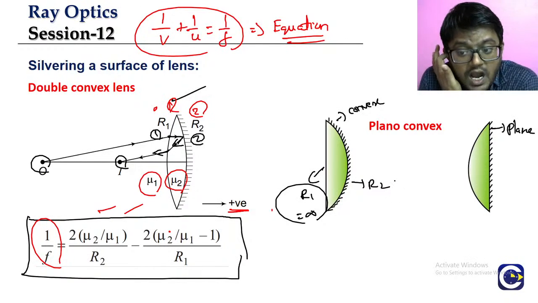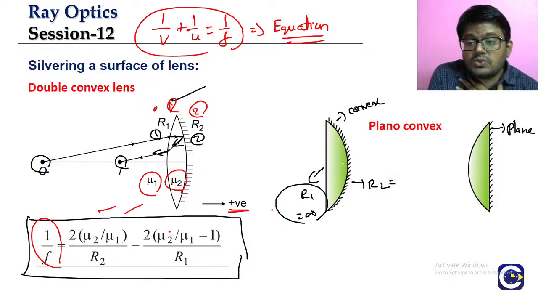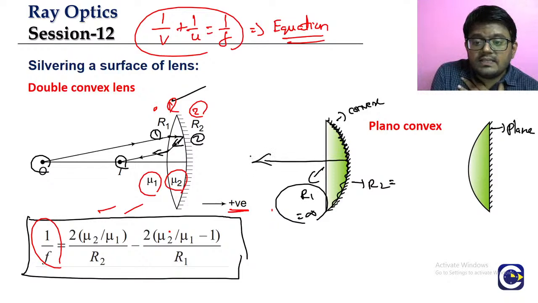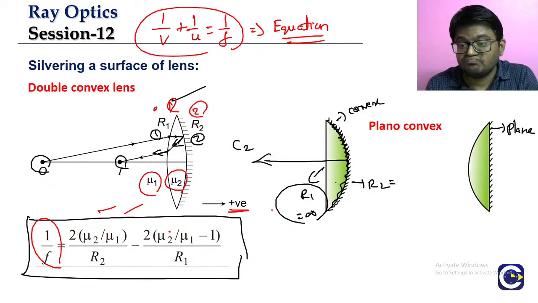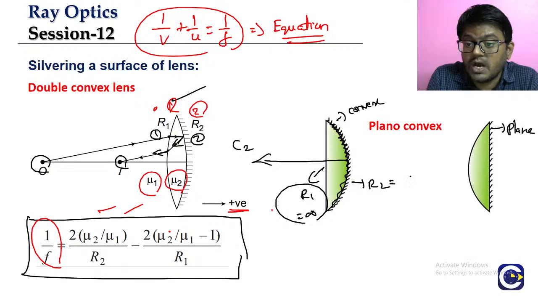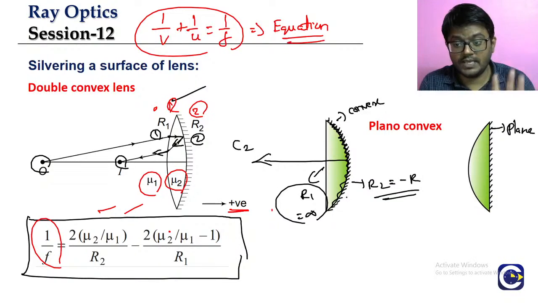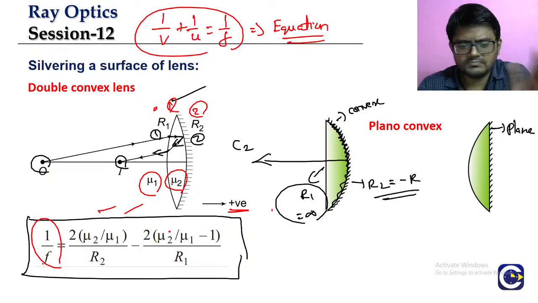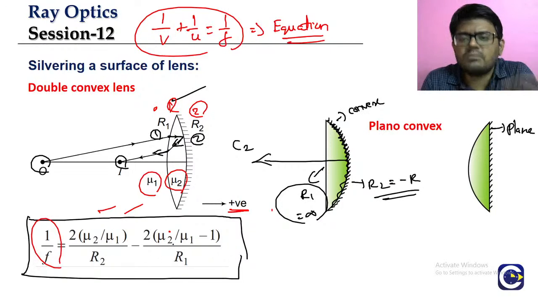And R2, because look at this, the second surface, where is its center going to be? On the left side. The center will be on the left side. So R2 will be minus R. Okay, so we have to take them along with the sign. That's it. We'll have to put R1 equal to infinity and R2 equal to minus R. We'll get the focal length.